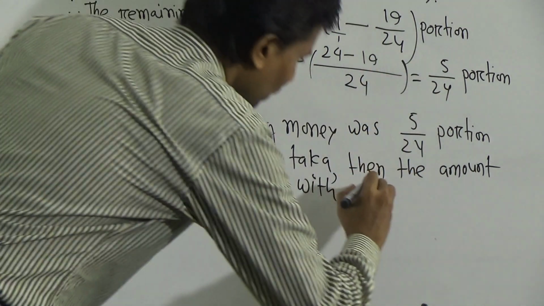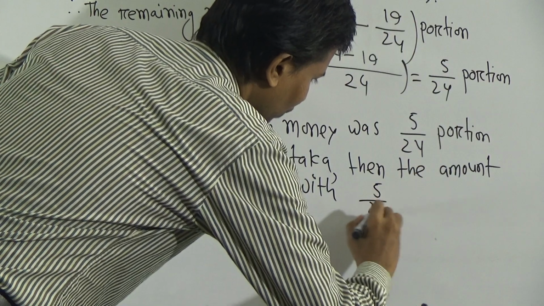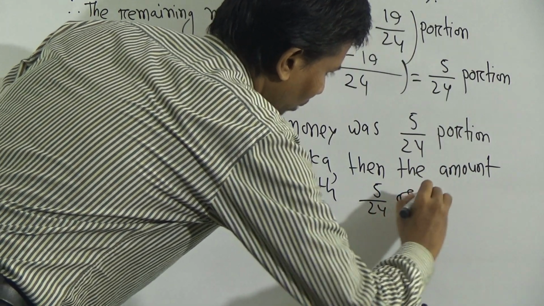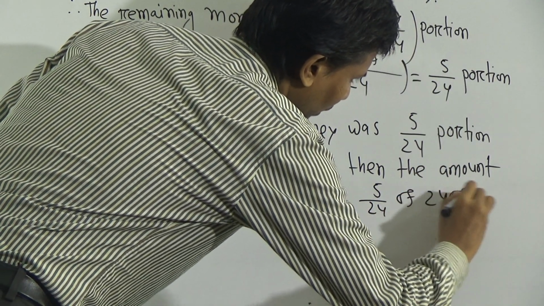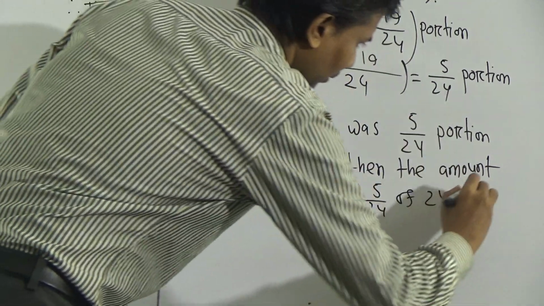You write 5 by 24 of 24,000. Right here.